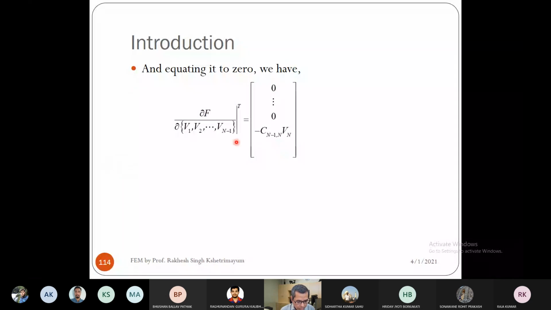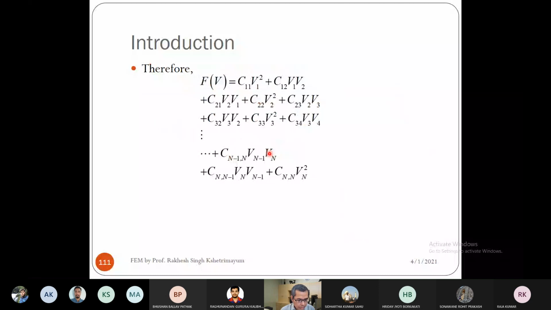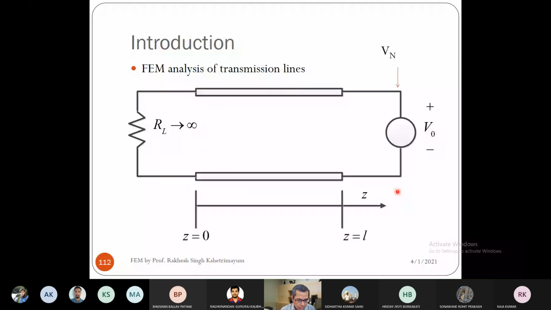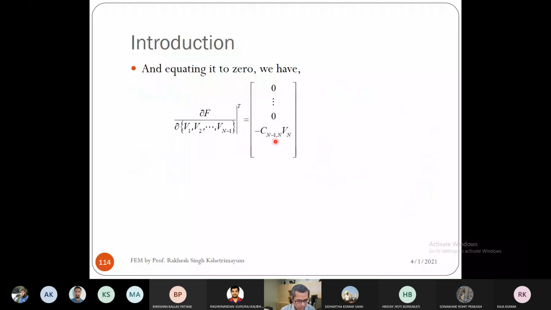The last term is not 0, because look at this expression here. Last term would be Cn.